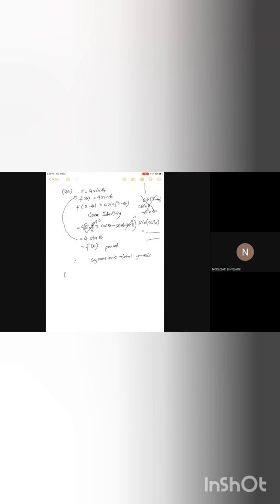The same goes for 9G. 9G is r equals 3 plus 3 sin theta. So this is our f theta. So our f(pi minus theta) will be 3 plus 3 sin(pi minus theta). So again, use the identity, do not expand the brackets, do not multiply it in.